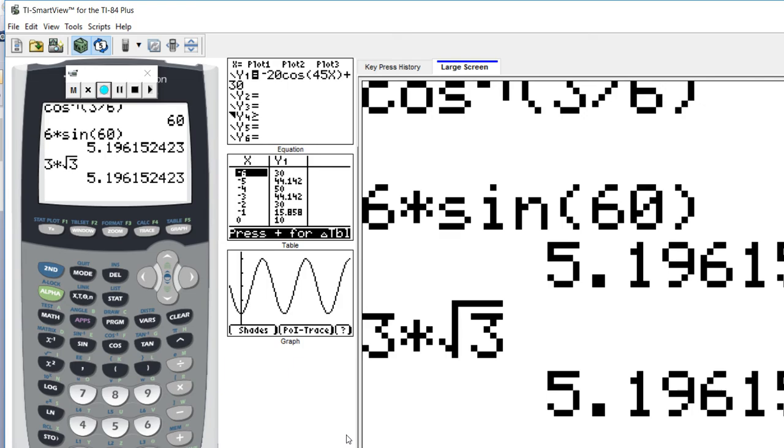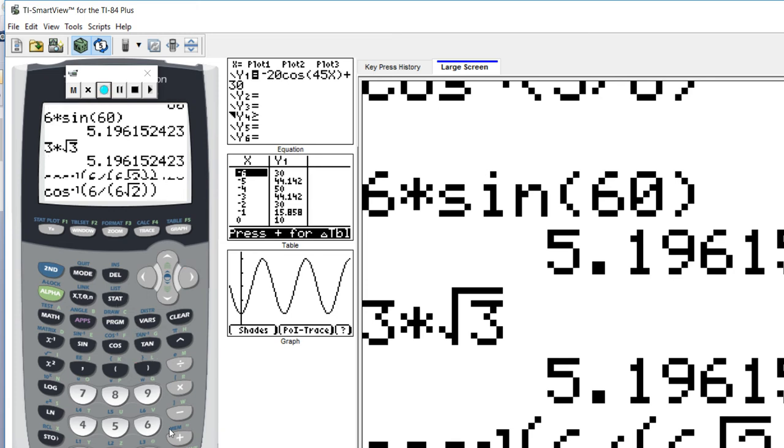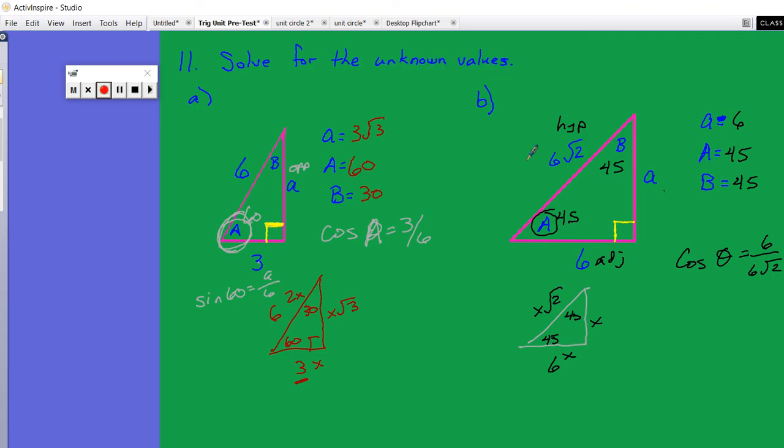So I go second cosine, 6 divided by, parentheses, 6 square roots of 2, close my parenthesis. And it tells me that it is a 45 degree angle. And once you know that it's a 45 degree angle, you know that these two sides have to be the same because those are both 45s.